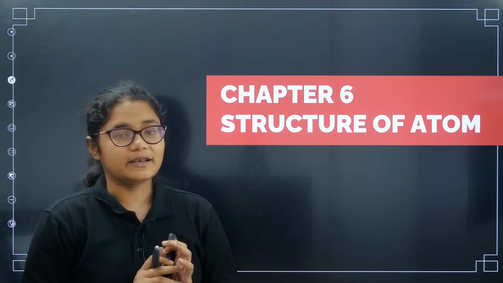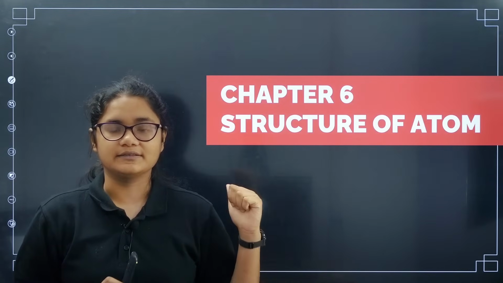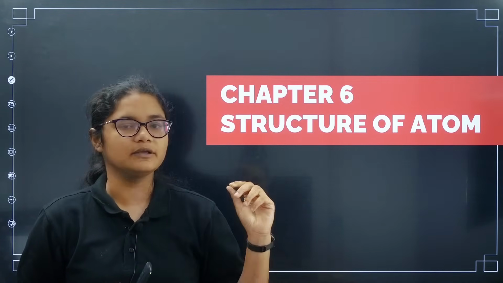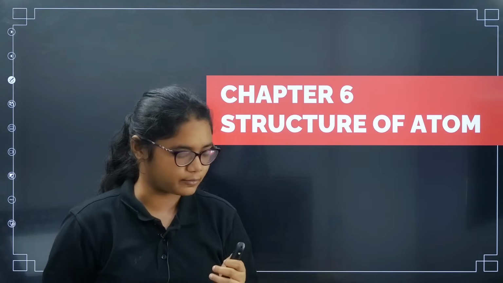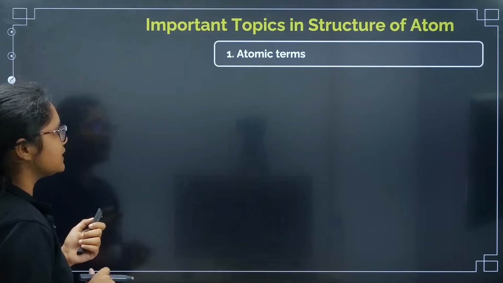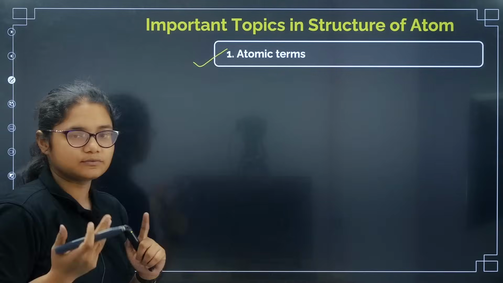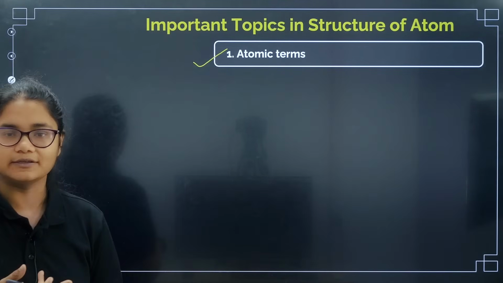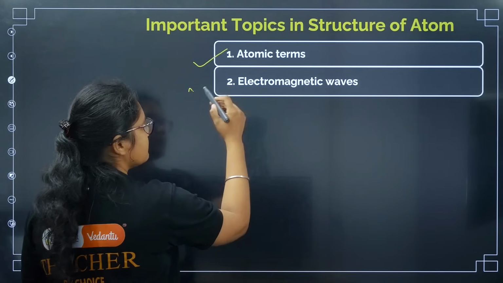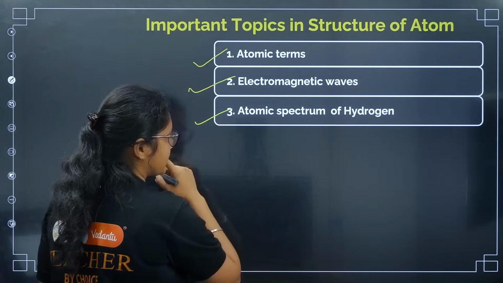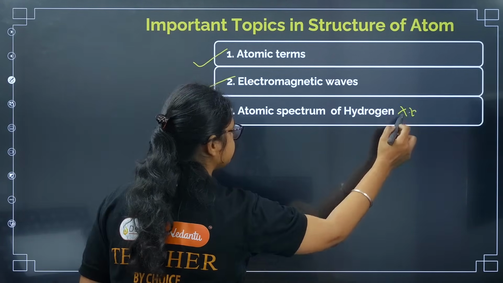Okay, now coming to the next chapter, a very easy chapter, that is the structure of atom. If you revise a few formulas from here, you can easily get the questions. So first, let us see the topics in this chapter. We have atomic terms, where we will discuss atomic number, mass number, isobars, isotopes and all. Then we have electromagnetic waves, atomic spectra of hydrogen, which is important.